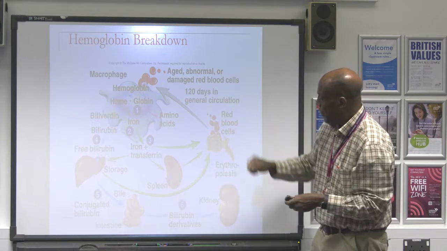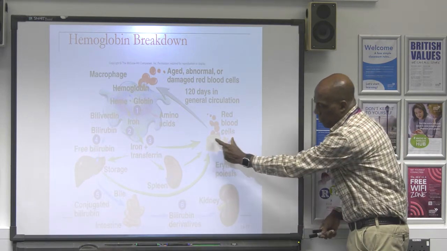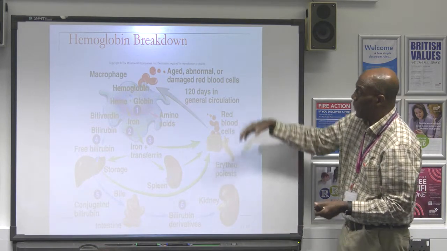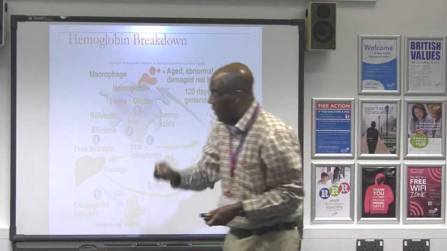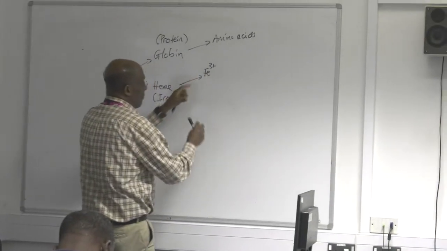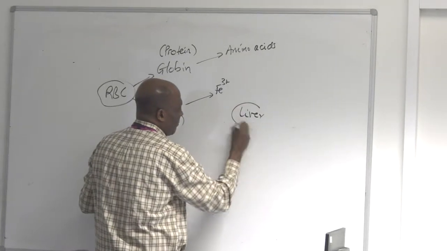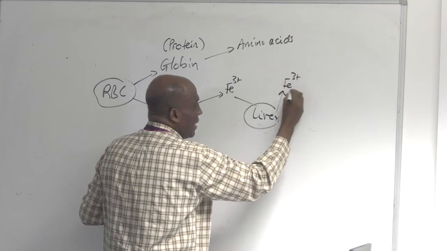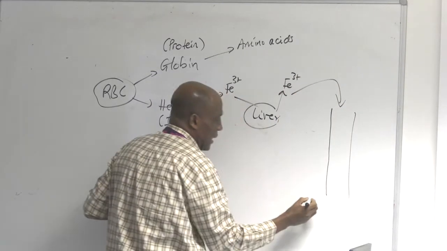Then it is utilized and matures in the bone marrow. The red blood cells come into circulation and last for 120 days. But the key point here is that when this iron gets into the liver and is released back as iron, that iron ends up in the bone marrow.